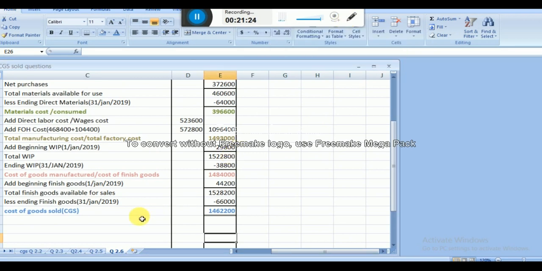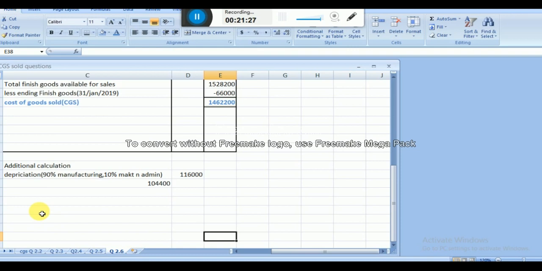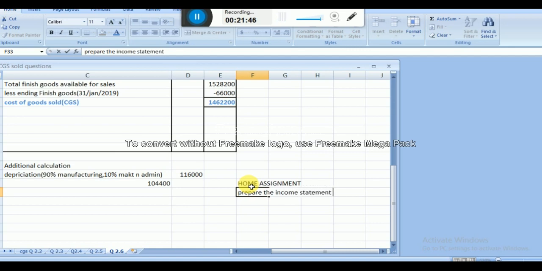Home assignment: prepare the income statement for the Metaxin company for the month of January from the given data.